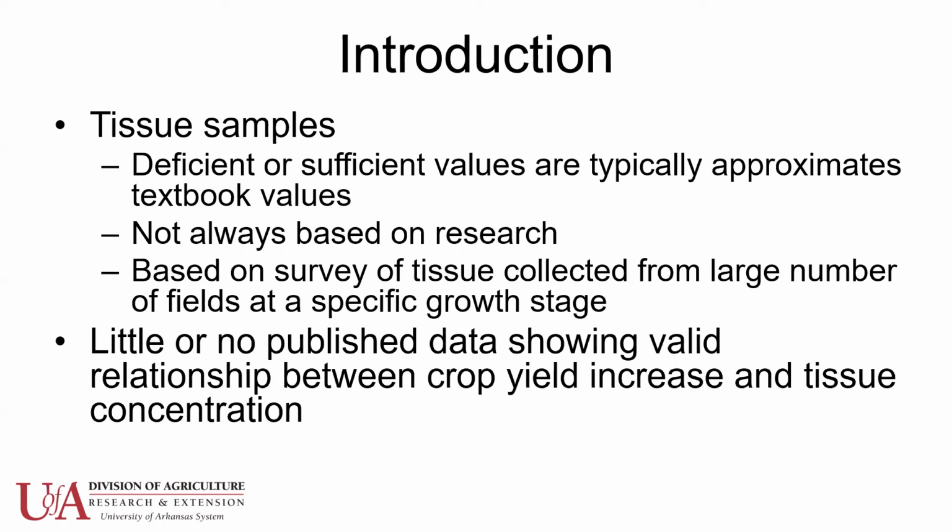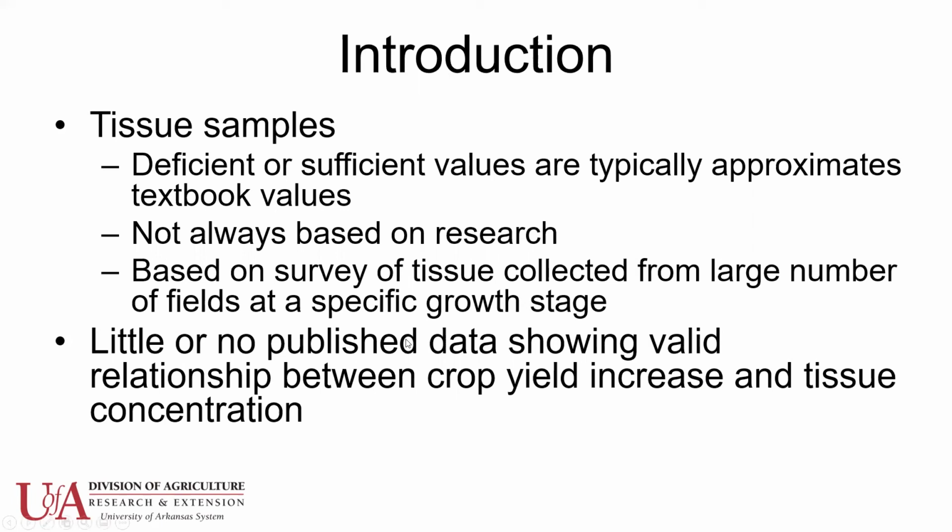However, for many nutrients, there is little to no published information showing a valid relationship between crop yield increase and tissue nutrient concentrations that provide a good reason for making widespread recommendations to apply a foliar fertilizer. We've examined various products and have yet to find a product that produces significant yield increases beyond what a solid fertilization and crop management program can provide.